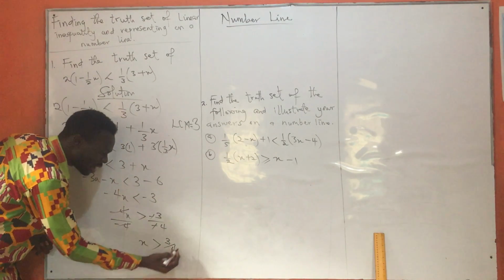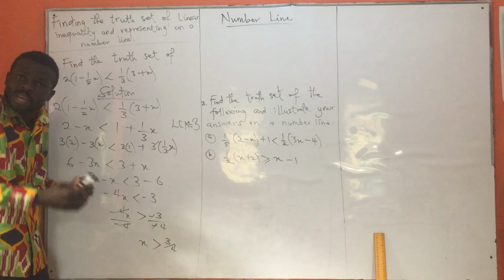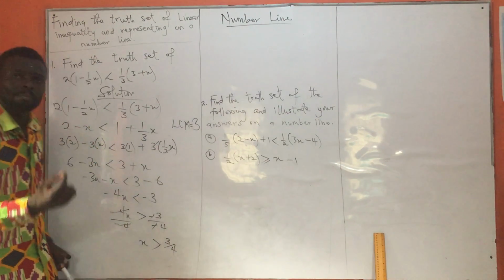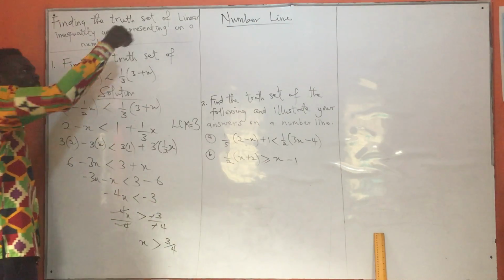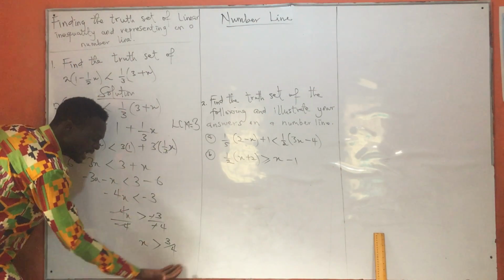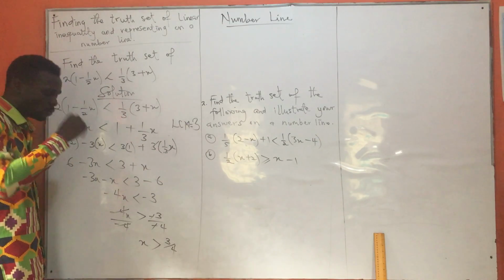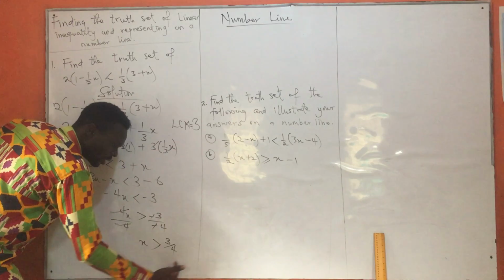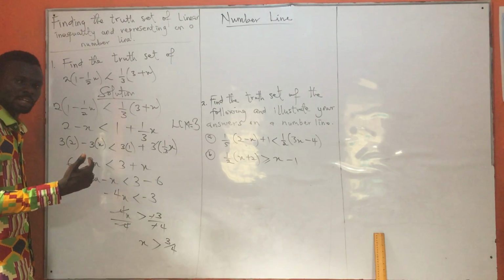Okay, now that we have solved for x, we are not done. The question didn't say find the value of x, but the question said find the truth set. So now being able to find the value of x, we will now state the truth set of the solution.